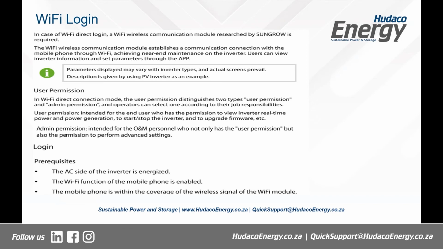So before you can log in, you have to make sure that the AC side of the inverter is energized. That is, your AC power is on, and the Wi-Fi function of your cell phone is enabled, and it's also within the coverage of the wireless signal. In other words, you can actually pick the signal of the inverter. You can see the Wi-Fi network with the serial number of the inverter.